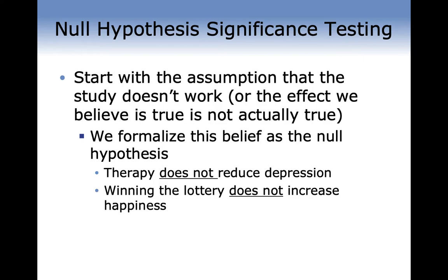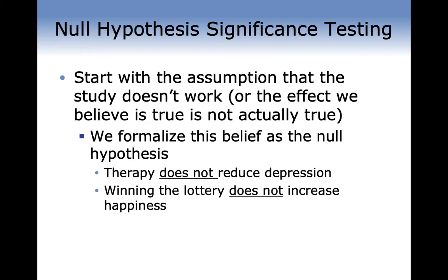Anytime you read a research report or you hear some statement in the popular press or the media about a study having statistically significant results, they're still referring to this null hypothesis significance testing process. Here's a little bit more about how it works. Again, our starting place is the null, meaning no effect, and we start with an assumption that our study doesn't work.